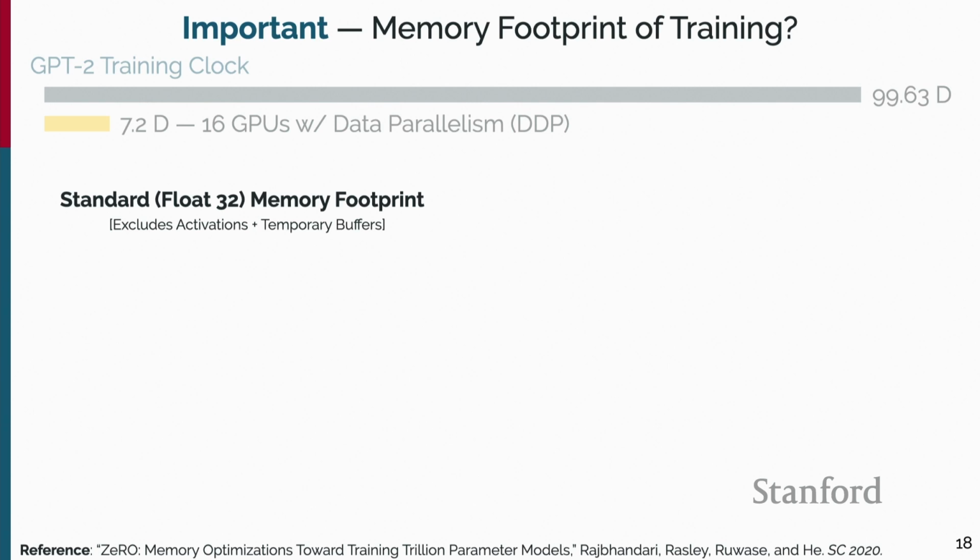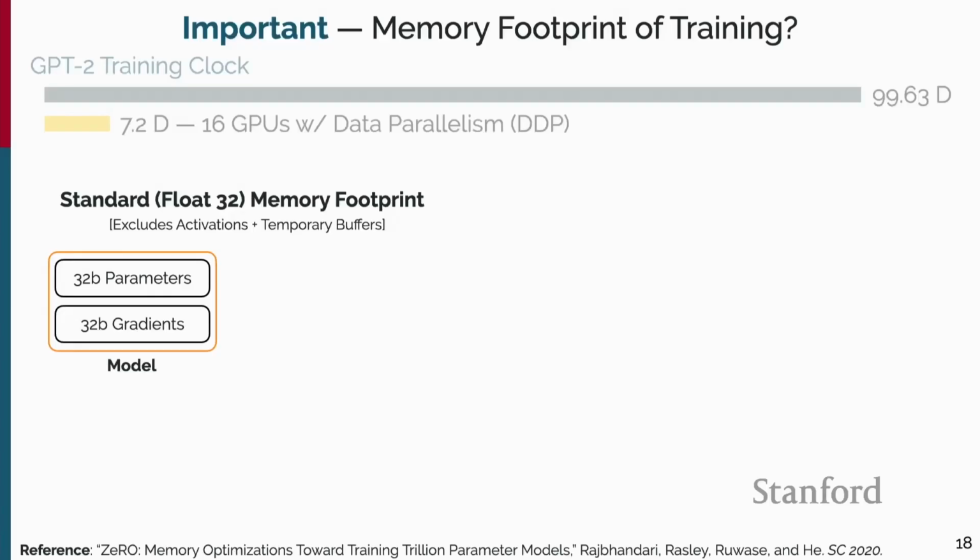So let's talk about memory footprints. When I am training any model with an Adam optimizer, how much memory does just storing that model and the optimizer weights take up? In 32-bit precision, our model is going to have parameters where each parameter is stored with 32 bits.